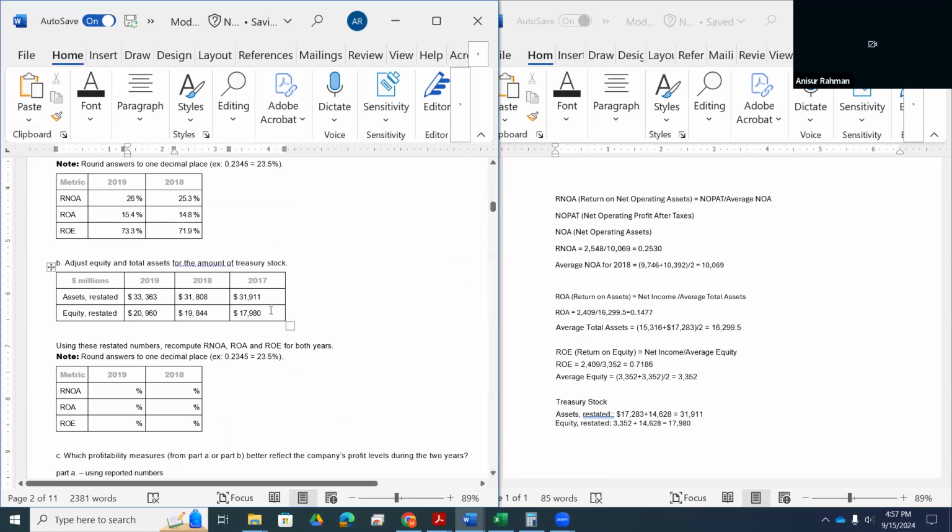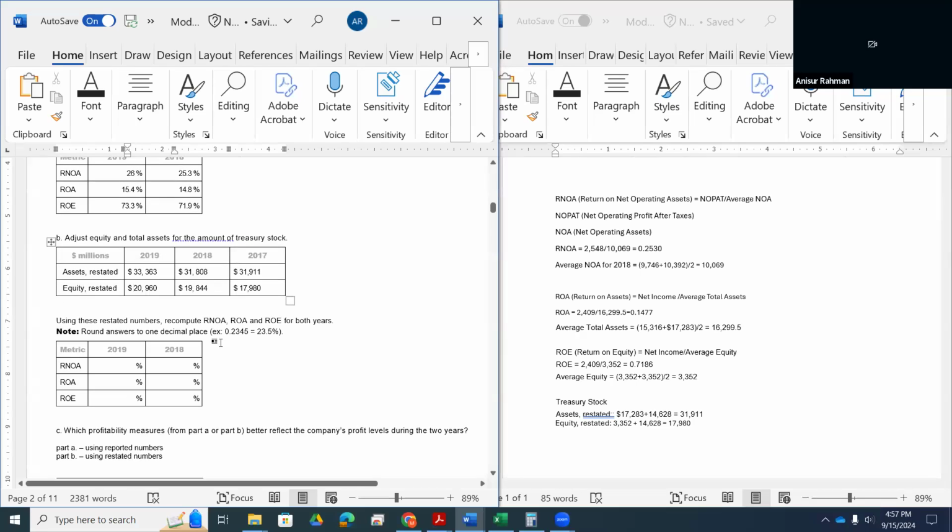Next question is, using these restated numbers, recompute RNOA, ROA, and ROE. 1 decimal place. Okay. So we'll follow the same process as before for RNOA. So RNOA is NOPAT over average net operating assets.